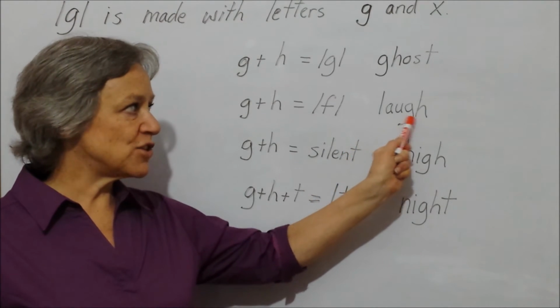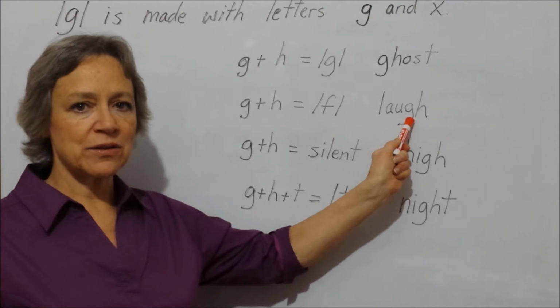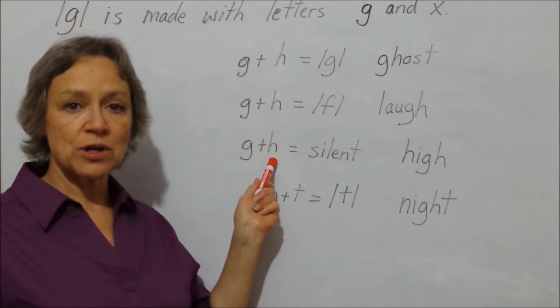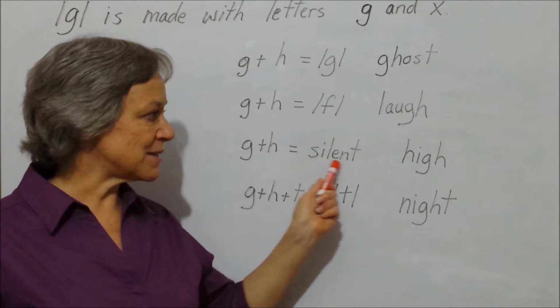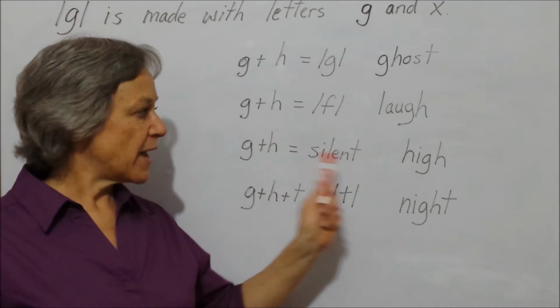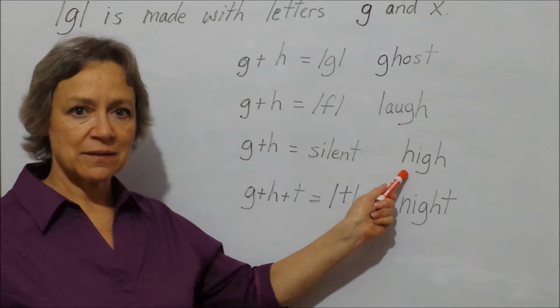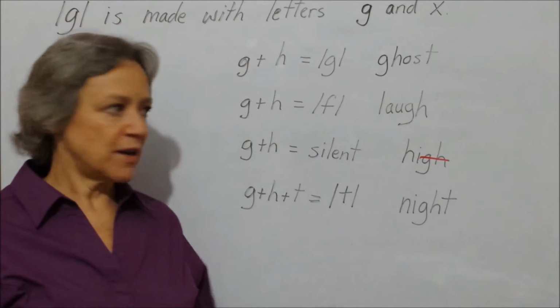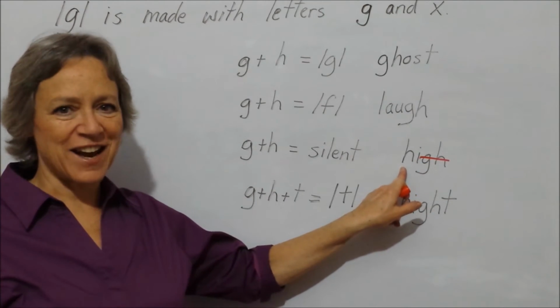Laugh. This GH does not make a G sound. G plus H at the end of a word can also be silent. There's no sound at all for these two letters, as in the word high. High. So in this word, it's as if there was just an H and an I, high.